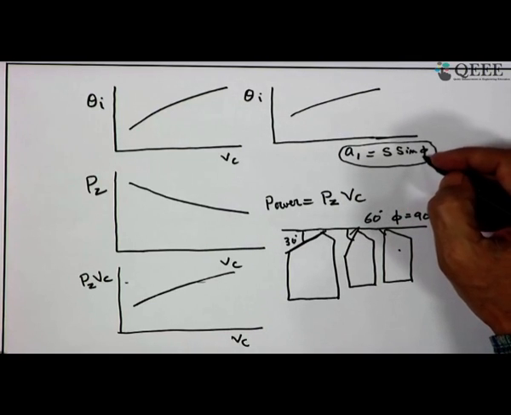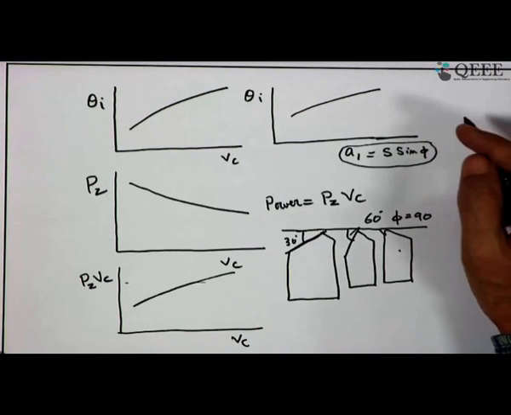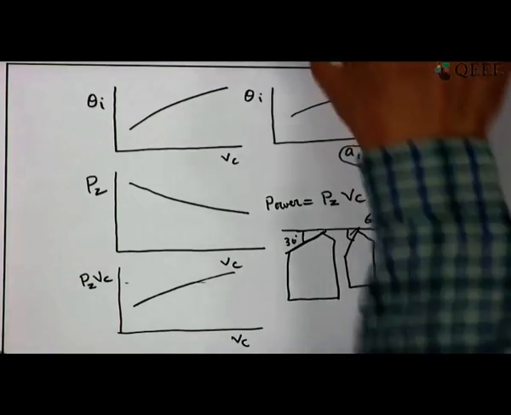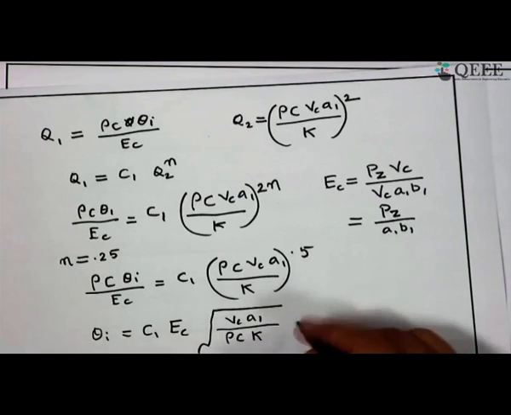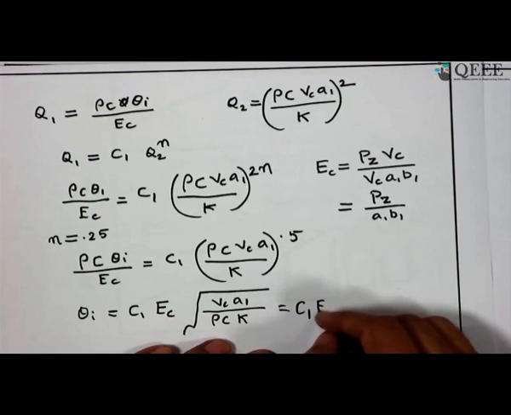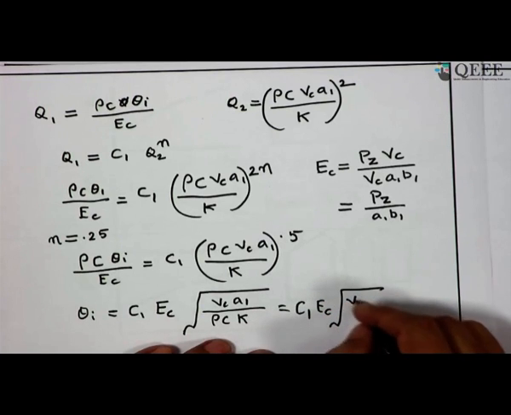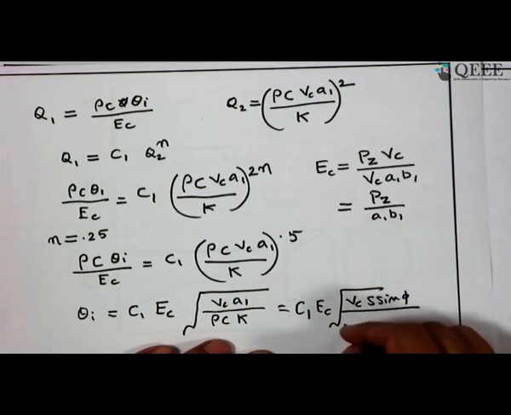So, if we have phi 90, we expect a large value of the temperature, because we can just have our attention here. This is the value A1, which means we should better write here, this is C1 into EC into root over Vc into S sin phi by rho Ck.